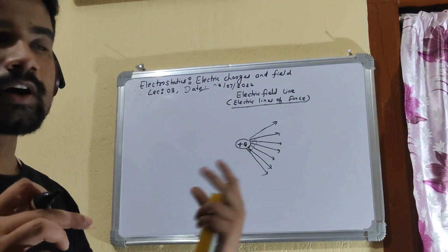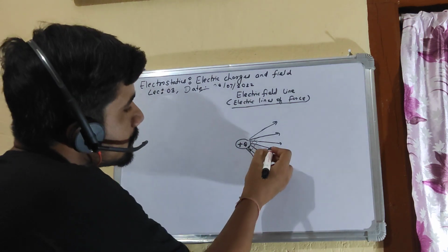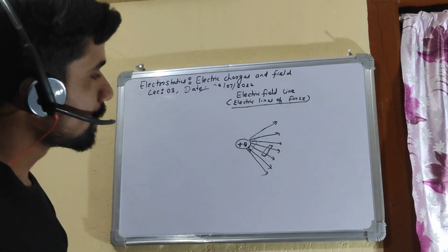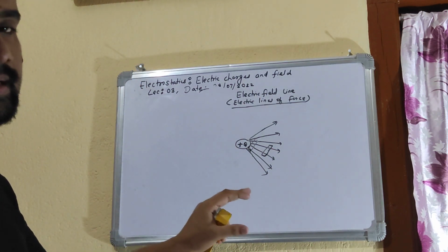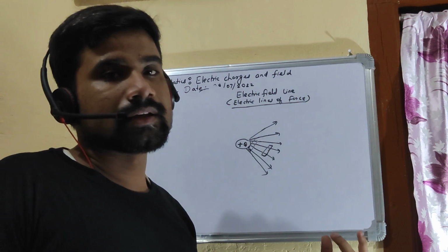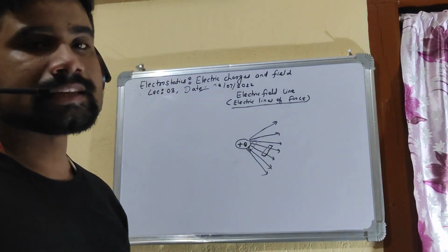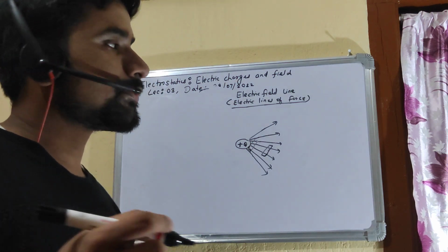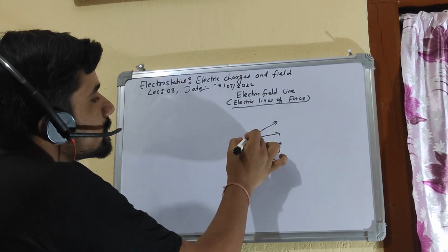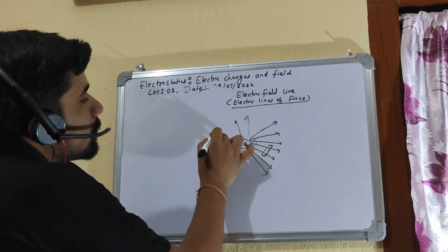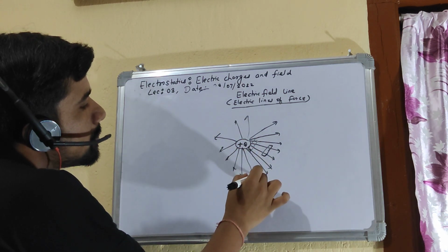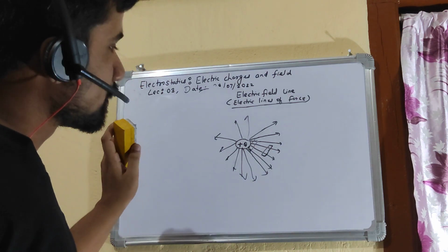But as we move away from this charge, we see that the density of lines is lesser, right? So this line is the indicator of electric field. Electric field lines are imaginary lines which give me the strength of electric field at different points in plane or space, right? So these lines will terminate like this from different directions. I might not have drawn it properly, but yeah, this is right.